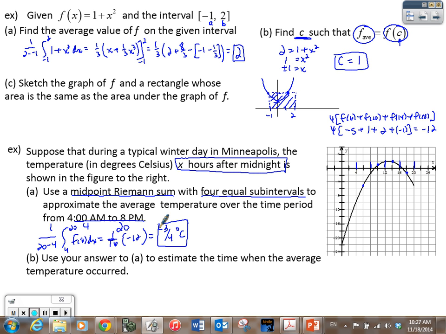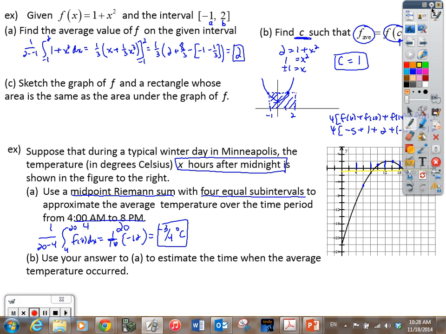Now they want us to use that to estimate the time when the average temperature occurred. One of the most straightforward ways to do it would be to simply draw a horizontal line at -3/4 and try to estimate what those x values are. This is in a scale of 2, so -3/4 would probably be about up here. Of course my line is off, but I think we get the idea.